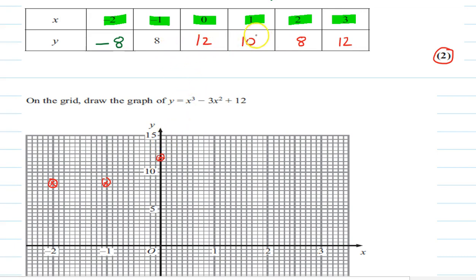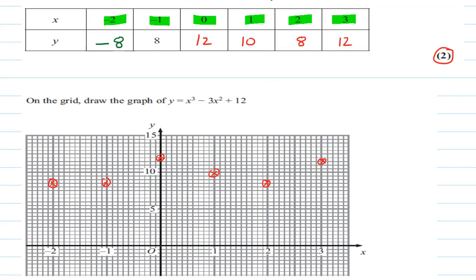Now x is 1 and 10. Now 2 and 8, so this is 2 and this is 5, then 6, then 7, and then 8, right? So 2 and 8 almost the same thing. And 3 and 12, so 3 and it is 12. If this is 10, this will be 11 and this will be 12, right? Is that okay? So this will be 12.